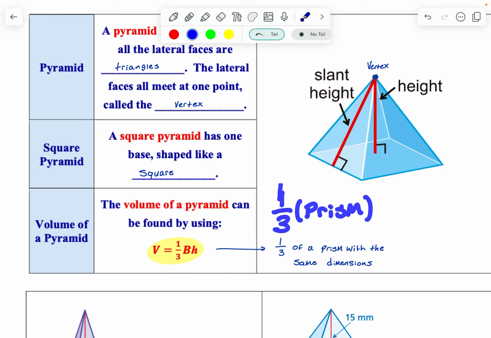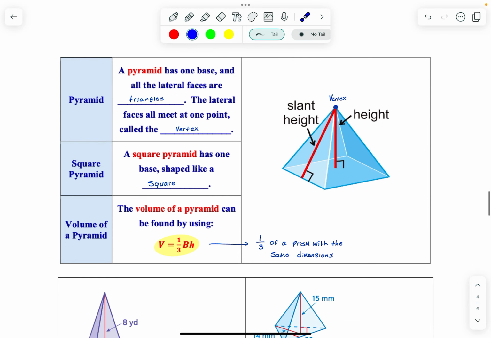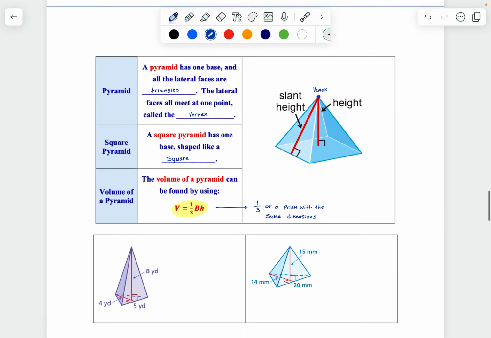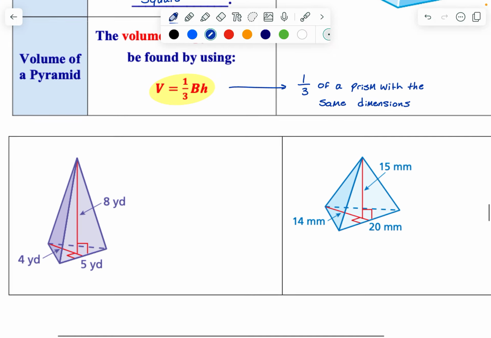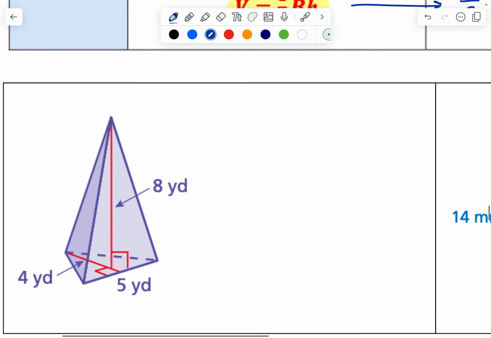So 1/3 area of the base times the height. Okay, area of the base.